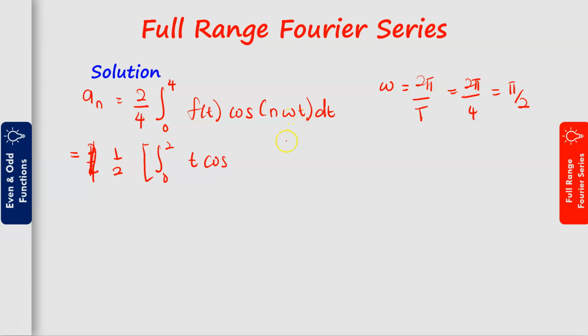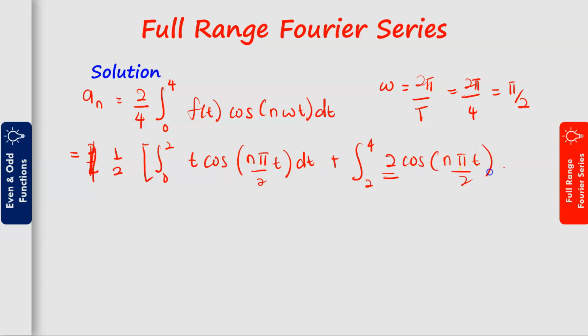So here we have cos n pi over 2 t dt, plus the integration from 2 to 4 of 2 cos n pi t over 2, where 2 is from the function f(t). If you see this, for the first function you need to use integration by parts. For the second function, we can solve it directly.